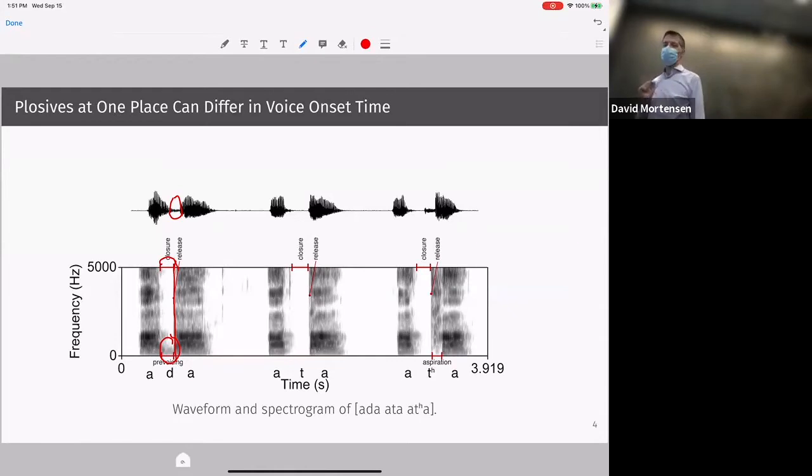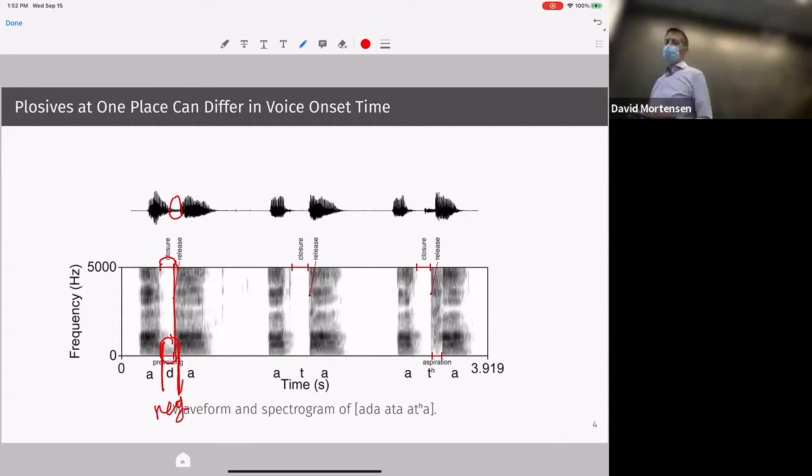It's hard to tell because it's very faint. So this is actually the vocal folds vibrating. So in ada, the vocal folds are vibrating clear through the closure. The D in ada has negative voice onset time, because voicing starts clear here and the release starts here. So this is negative.